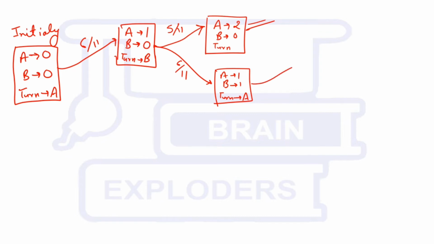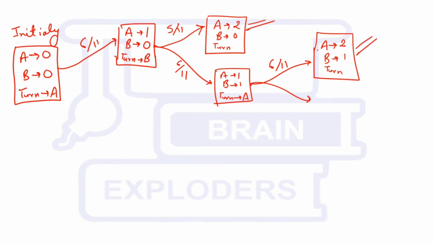Now here again, since the game has been started by A from this state, there is a 6 by 11 probability that again A will get a 6 before B. No matter whose turn it is over here, the game is finished and A has won the match. If we look, there were two possibilities, and we have considered both of these.